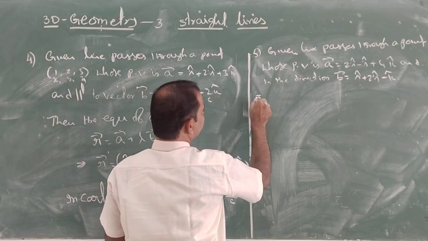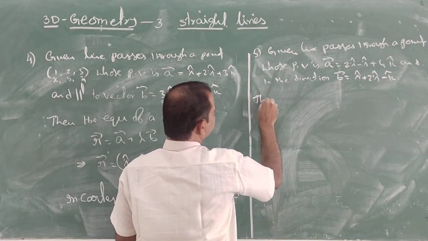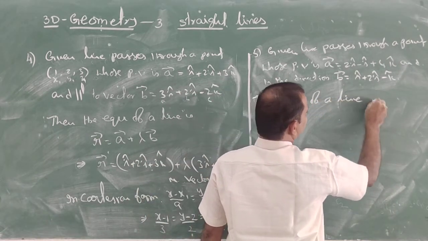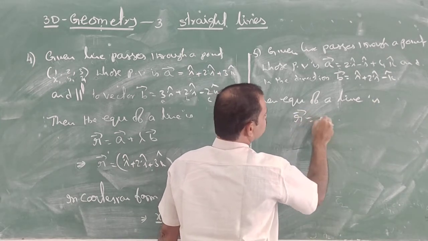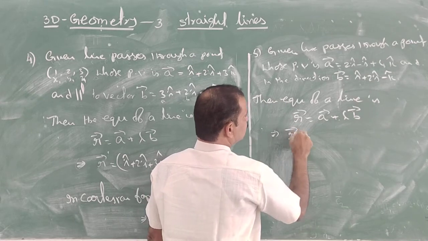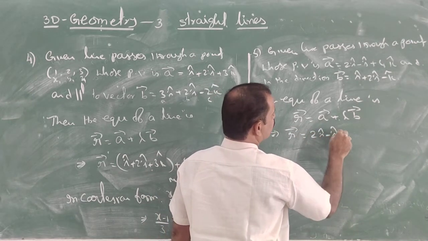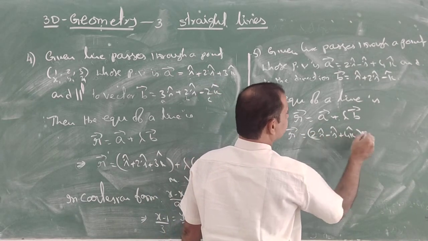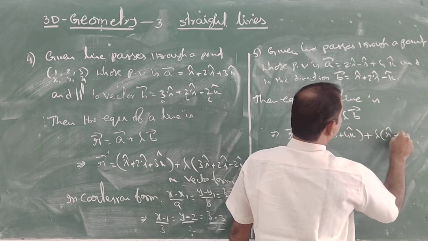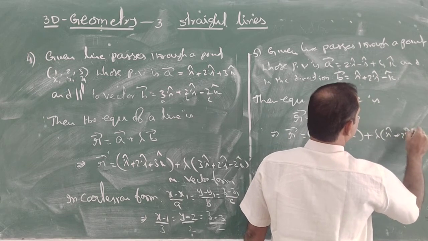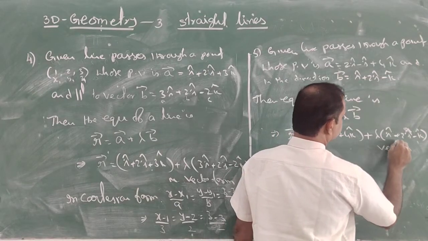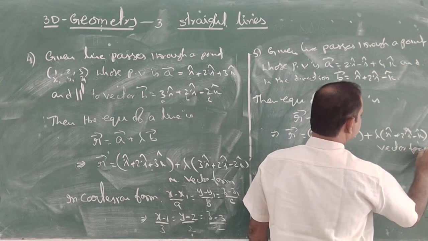Therefore the equation of a line is R is equal to A plus lambda b, which implies R is equal to 2i minus j plus 4k plus lambda into i plus 2j minus k, which is in vector form.